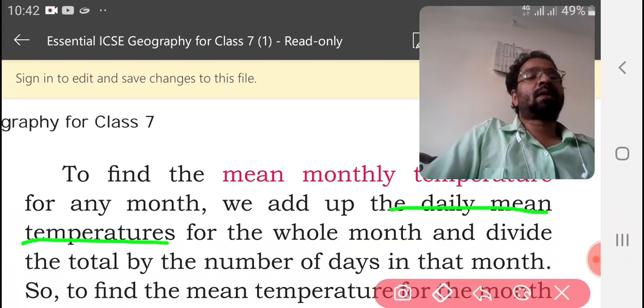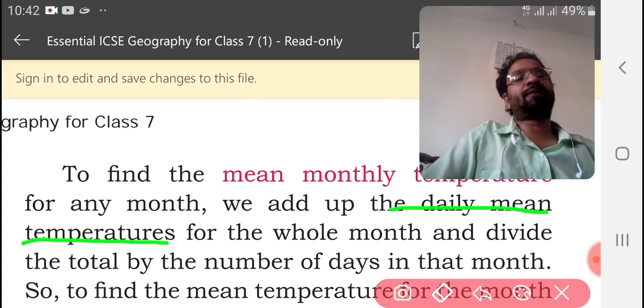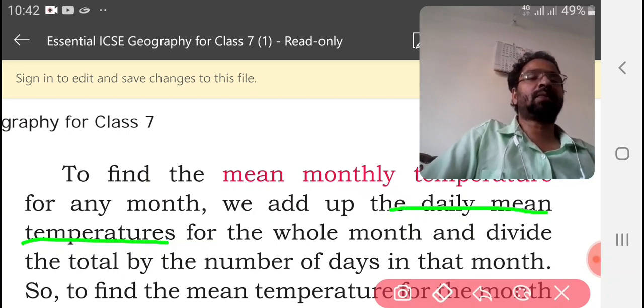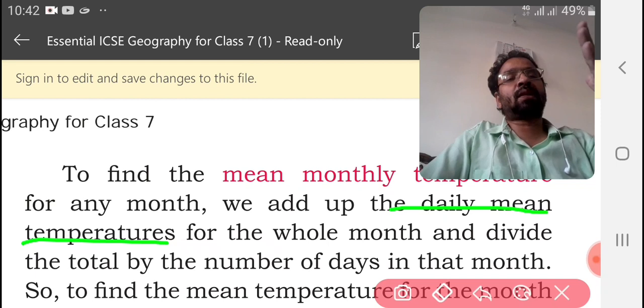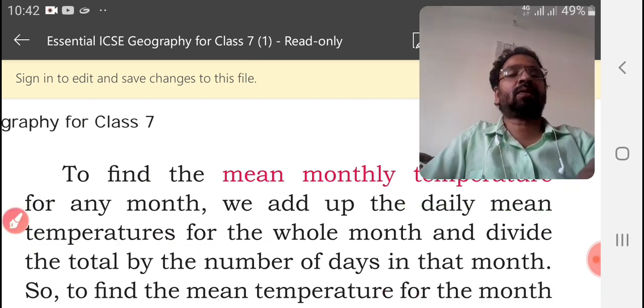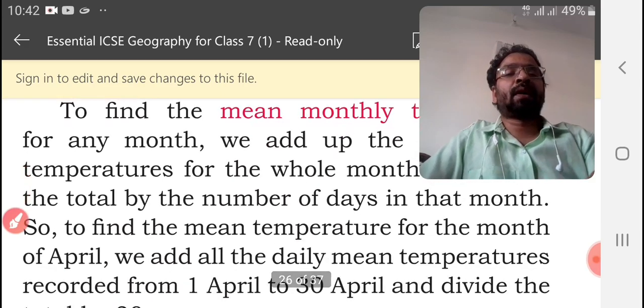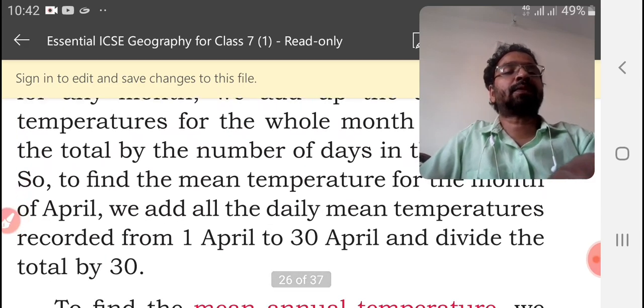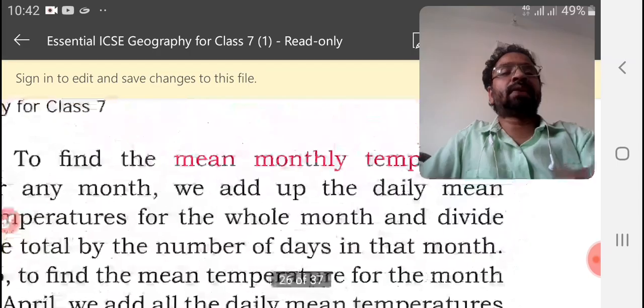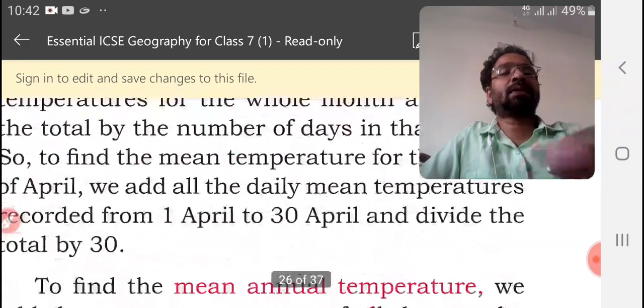And total it. If it is 30 days in a month, total all the 30 mean temperatures, then divide by 30 or 31, okay, and then you will get the mean monthly temperature.